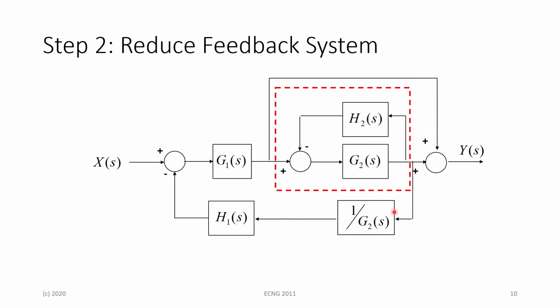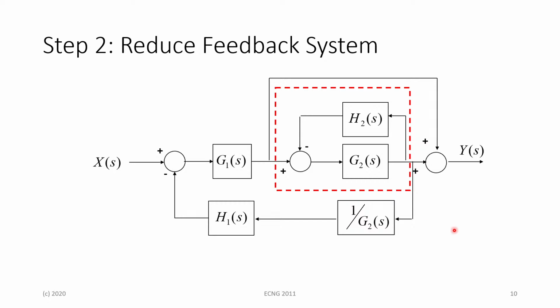The next step would be that we observe that in moving that takeoff point, we now have a negative feedback system here, where our feed forward path is the G2 block, and our feedback path is the H2 block.